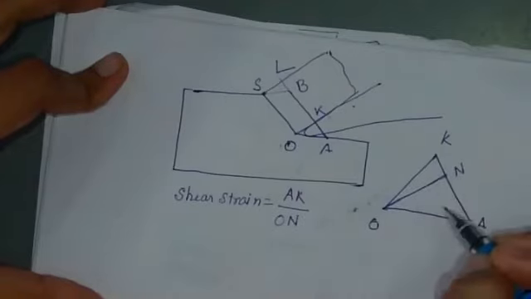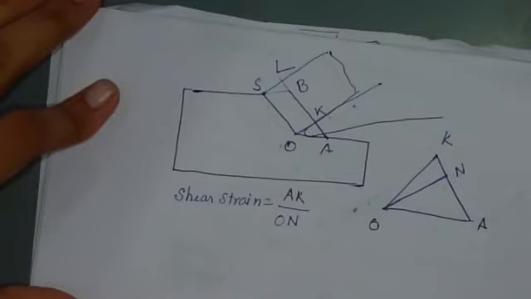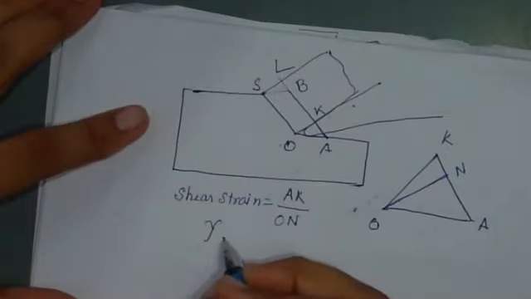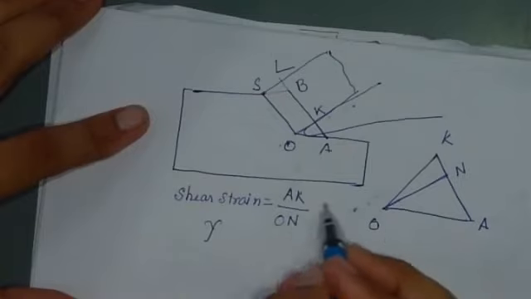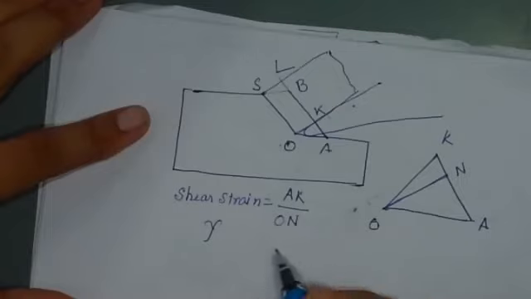A shear strain is always defined in terms of angle, and it is the ratio of AK over ON. Shear strain is generally denoted by the term gamma. And if you want more detail about how to define shear strain, I think you should refer to some book on strength of materials, but that is how it is simply defined.